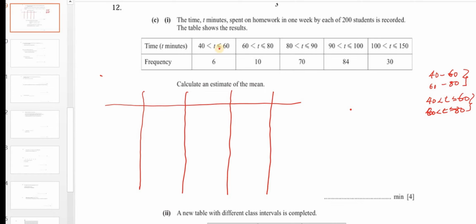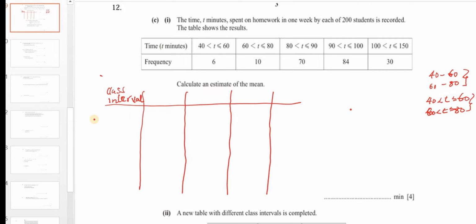The time t here, I will refer to as the class interval. Sometimes it might be referred to as class mark, but I'm calling it class interval here.